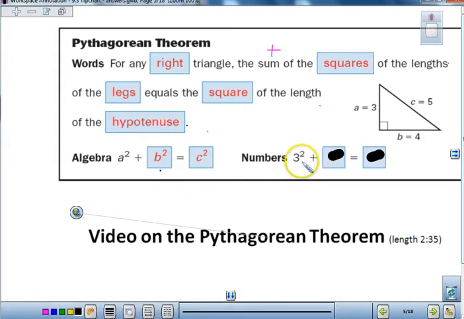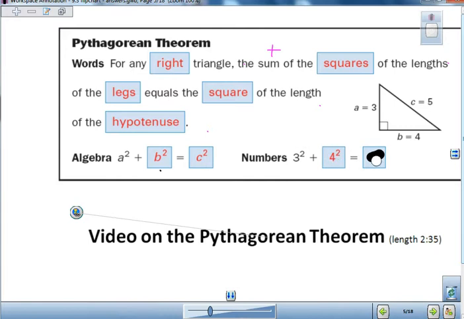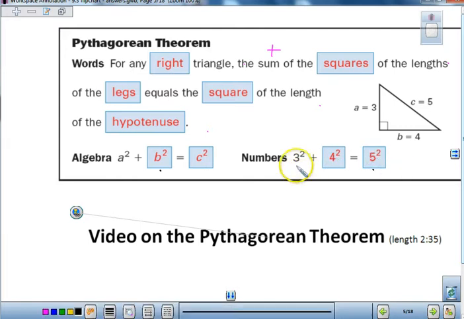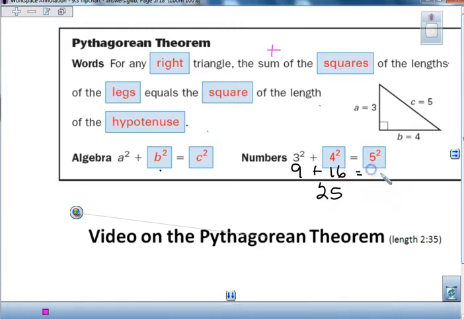You would also find that 3 squared plus 4 squared equals 5 squared. This is one of our few Pythagorean triples that we will look at. And if you think about that, 9 plus 16 equals 25, and 5 squared also equals 25.